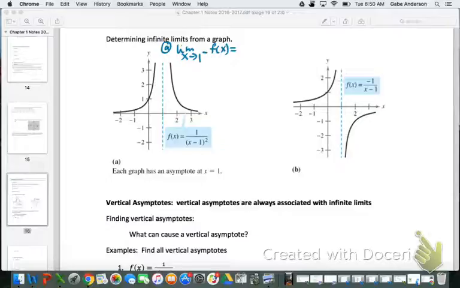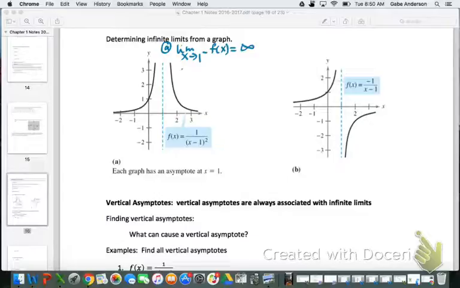As you get closer and closer to 1 from the left side, what are the y values doing? Increasing without bound, also known as infinity, right? As we get closer to that vertical asymptote, the graph just keeps going up, up, up. So saying infinity here is a good description.